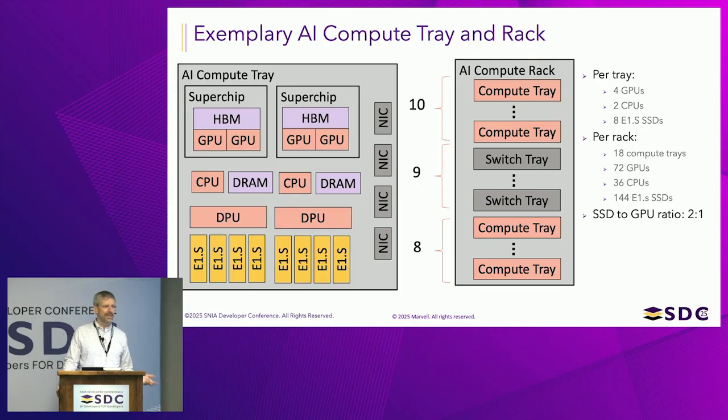And then the other important thing to look at is the SSD to GPU ratio. It's 2:1. So you have 8 SSDs per 4 GPUs. That's somewhat typical. So the SSD to GPU ratio is usually in the range of 1 to 2:1.